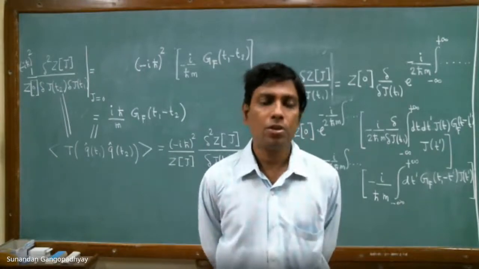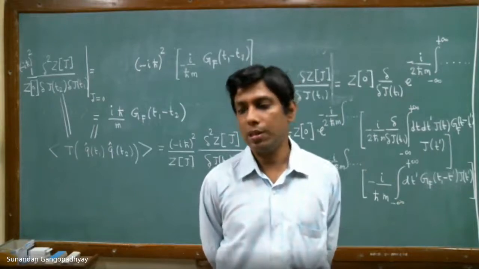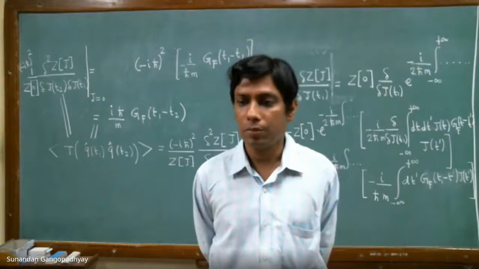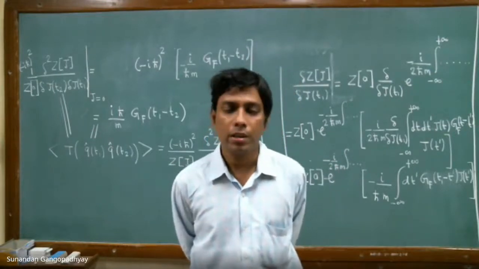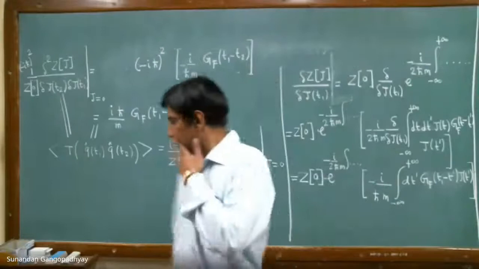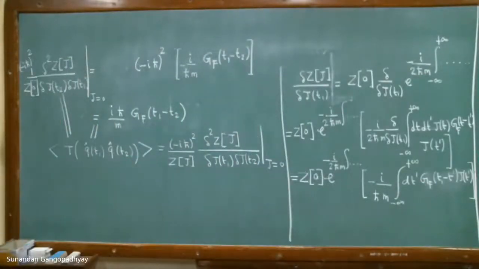All the odd point functions will be 0, but the 4-point function, please calculate it. The even point functions will not be 0. All the even point functions will survive. And see what it is. Okay? So if the problem is clear, then let us proceed from here.